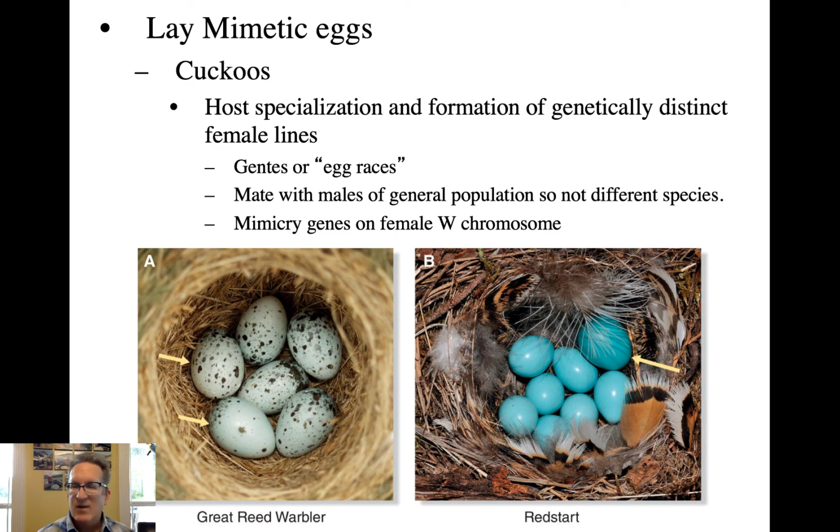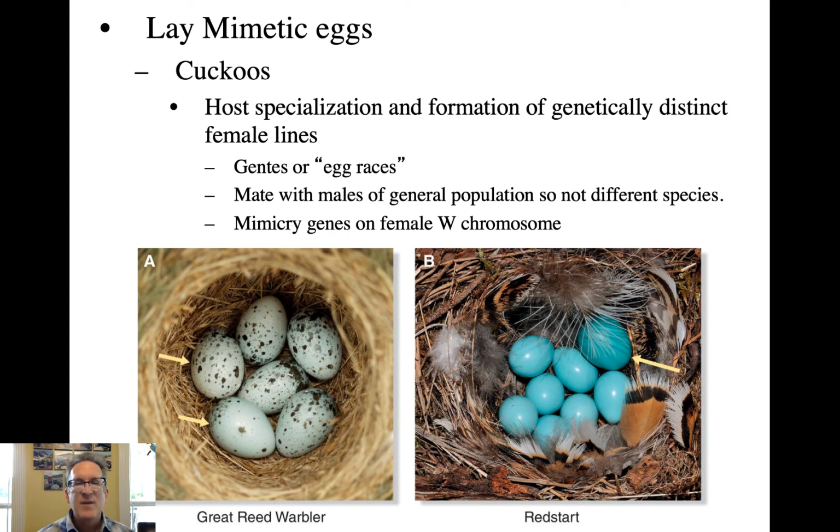Well, this is kind of bizarre when you think about it. How can different females have these adaptations, a genetic-based heritable adaptation to parasitize just one species? How is that maintained in a population if they end up mating with males that may have come from a female that had another set of adaptive genes? It was thought maybe it was positive assortative mating, but that could lead to very rapid diversification and increased speciation of different common cuckoos into multiple species.